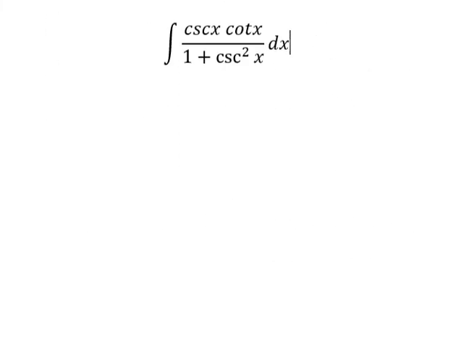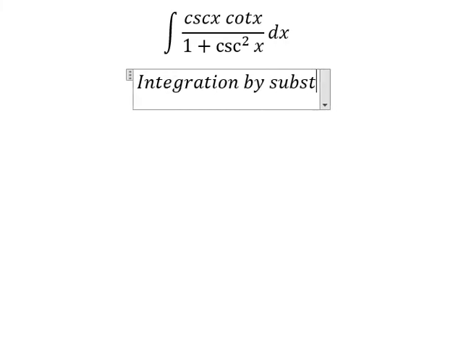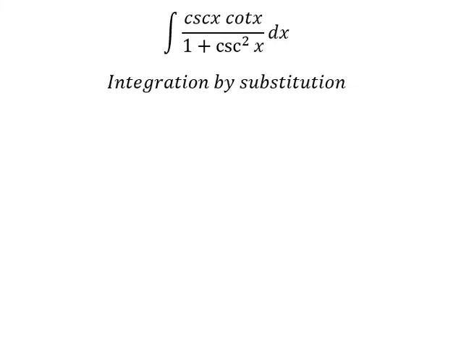Now let's go to the second one. We need to use integration by substitution. So I will put u equals cosecant of s.